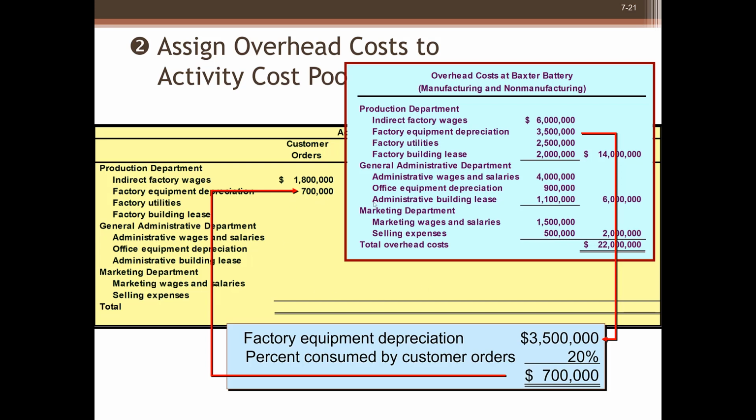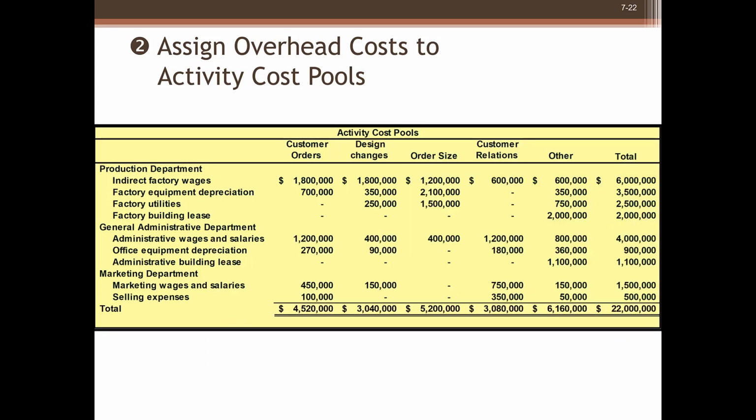And we can calculate for each category of overhead, assign their costs to individual cost pools, and complete this table here. For each activity cost pool, we can get assigned overhead cost. If we add up together, total overhead costs which should be allocated to activity cost pools is $22 million.